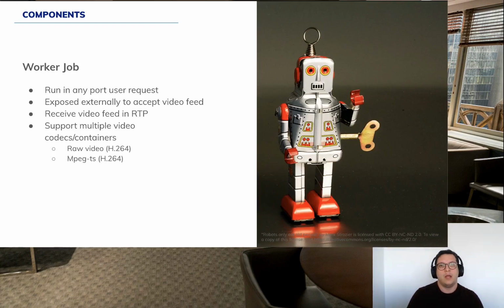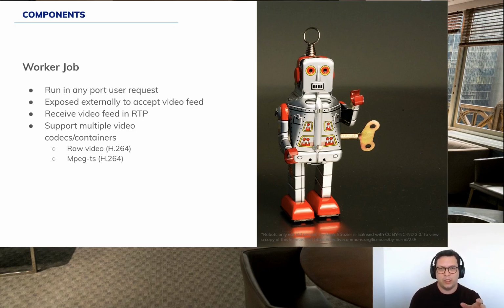The worker job is basically what actually receives the RTP feed and is exposed externally, so we can just grab this RTP URL where we should send out this stream, and then configure one of the Propeller channels, or any channel that we have like an encoder, to send the stream to this worker. And this worker is responsible for one stream. So for every different stream, you would run a different process that would watch this stream.